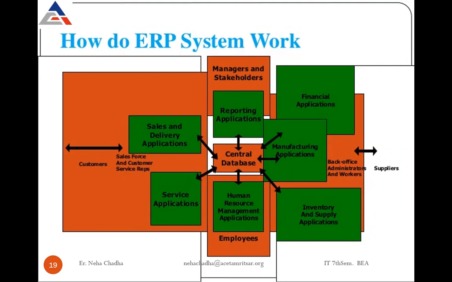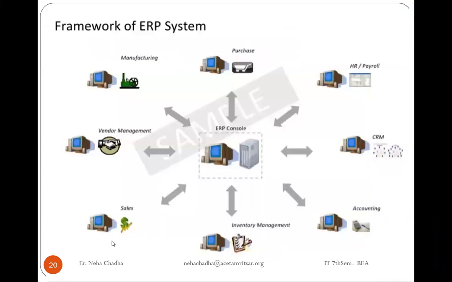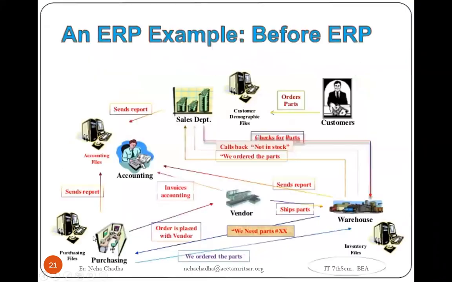Right? But if they are not depending on a single central database, then how will the system look? Fine. I will start from this. There is a purchasing department, right? At the lower left-hand side, there is one purchasing department.